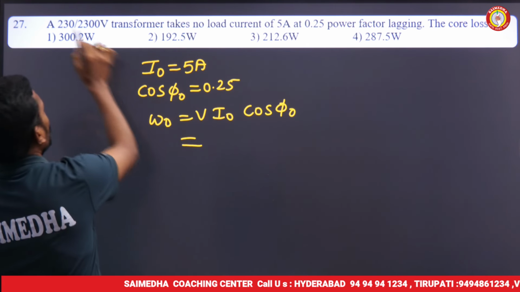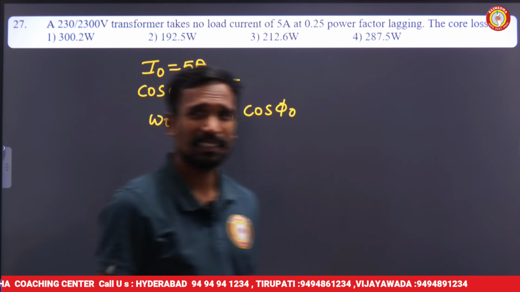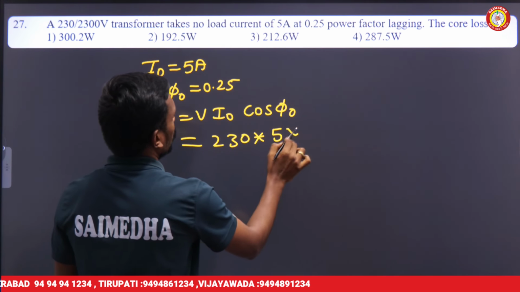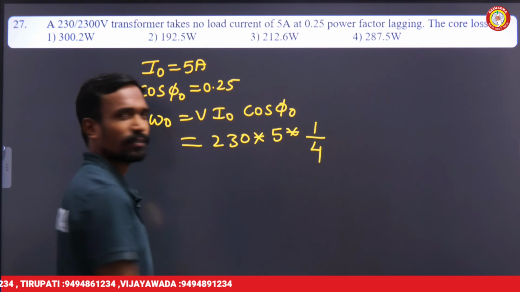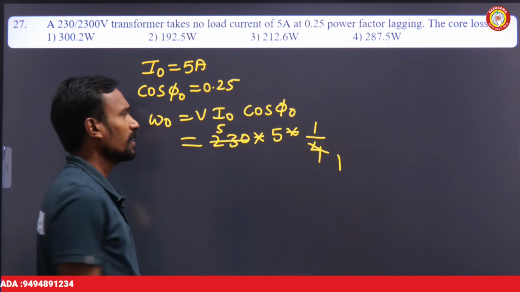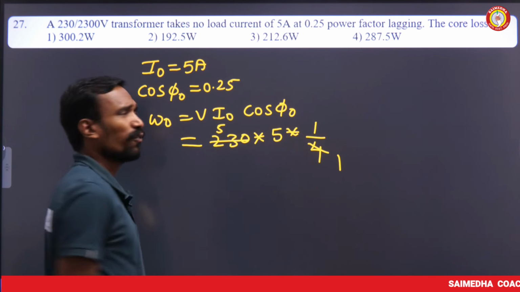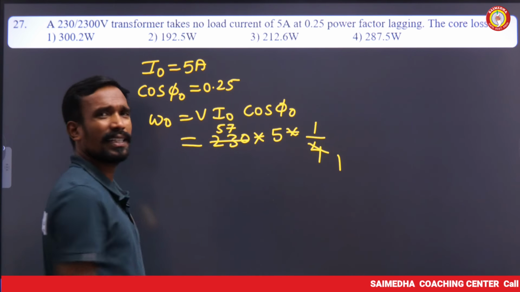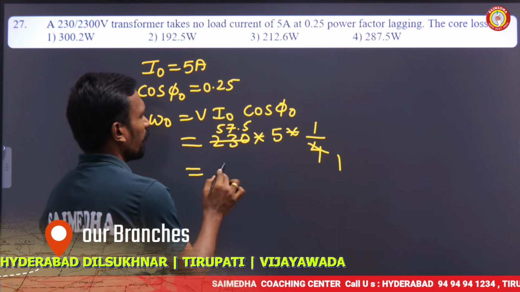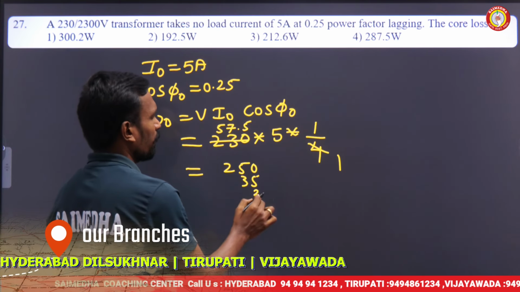Which V do we need to take? The open circuit test should be conducted on LV. On LV, 230 volts into 5 amperes into 0.25. 4 fives are 20, 30. 4 sevens are 28, 28.5. 5 fives are 25, 5 sevens are 35, 5 into 0.5, 2.5.